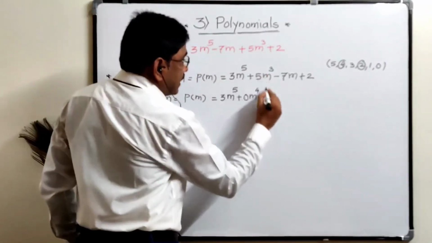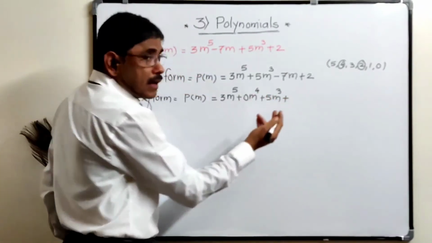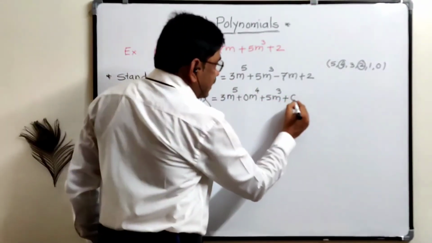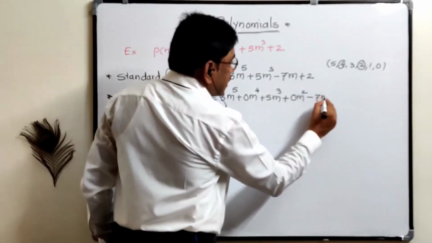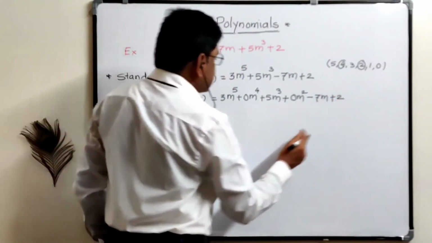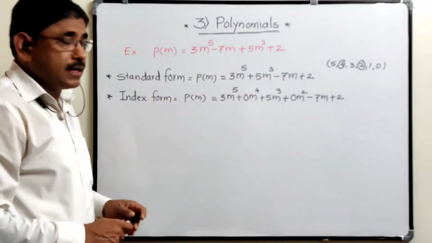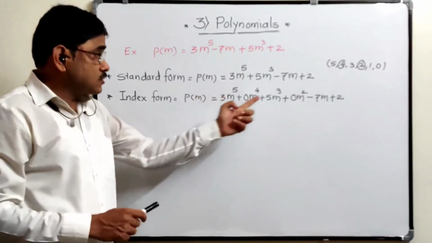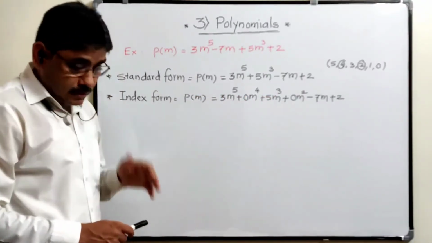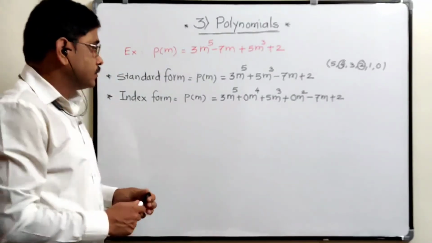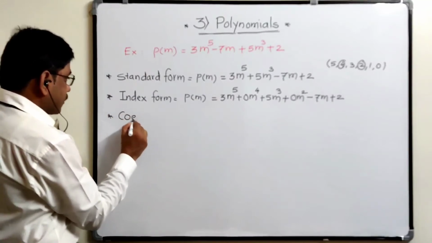After 4 comes 3, plus 5m cube, after that 2 should come, but 2 is not there, so there we write 0m square, and minus, after that 1, 7m, and at last constant. So in this way we can write the given polynomial in index form. So this is called index form. Now third one is a coefficient form. Next one is called coefficient form.